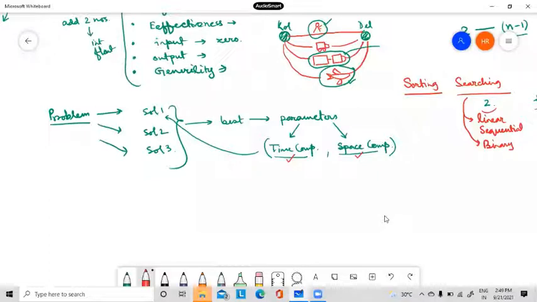So if your data is not in sorted order, and you want to try binary search, then first you have to convert the unsorted data into sorted order. Then only you can perform the binary search. So how can we say that binary search is taking less time? Because it is not applicable at all for an unsorted order. So it means for binary search, we need sorting.